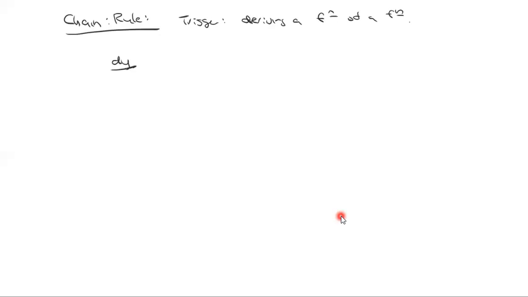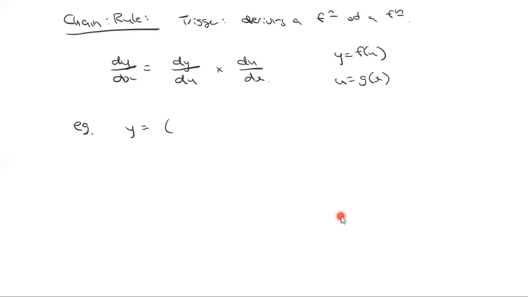So that means dy/dx equals dy/du times du/dx, where, of course, y is a function of u and u is a function of x. So, for example, if y equals (x squared plus 3) to the power of 7, then we can think of this as u.